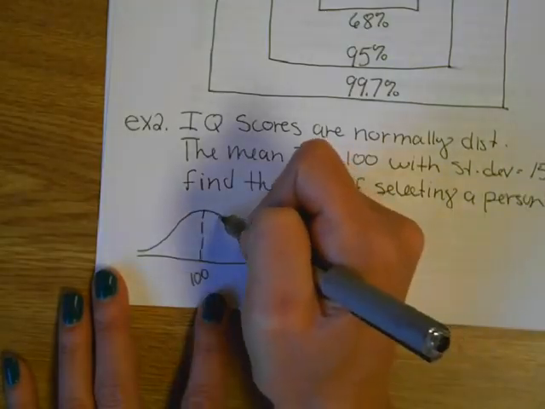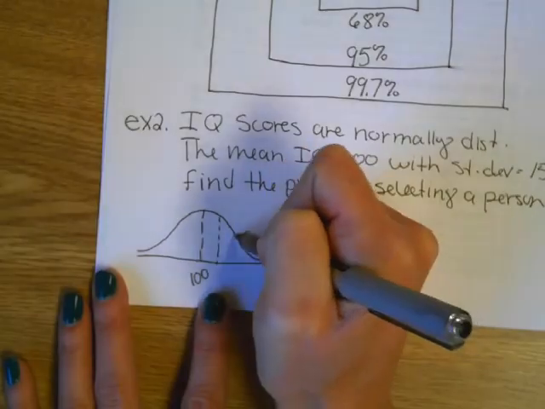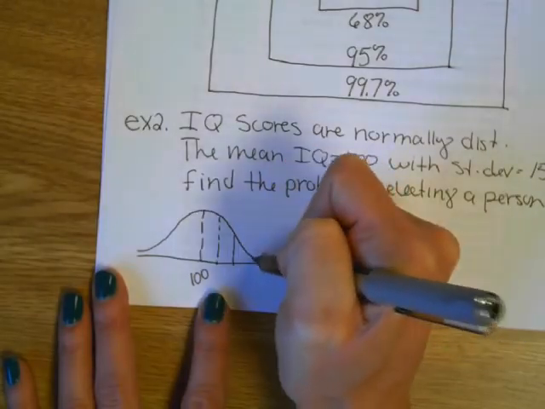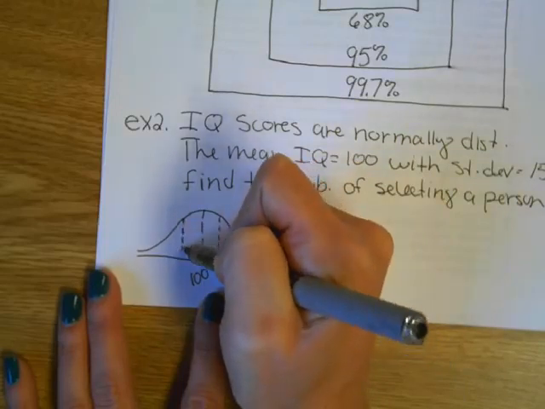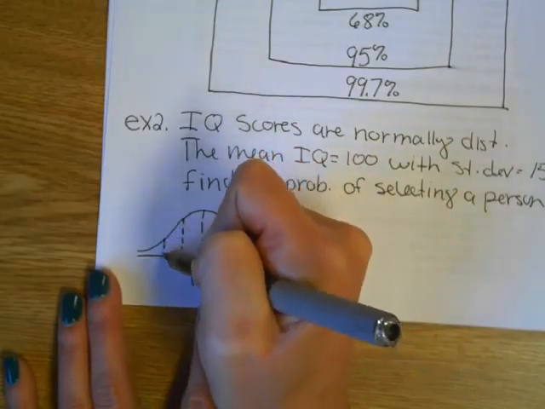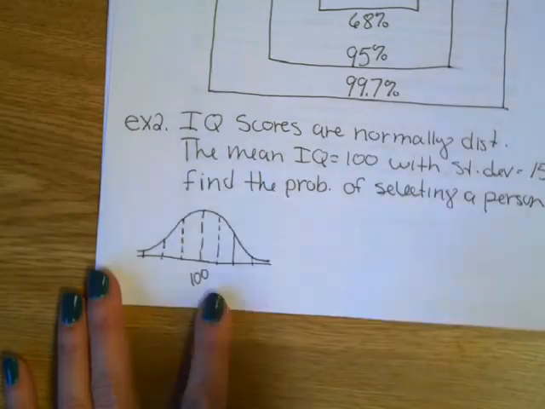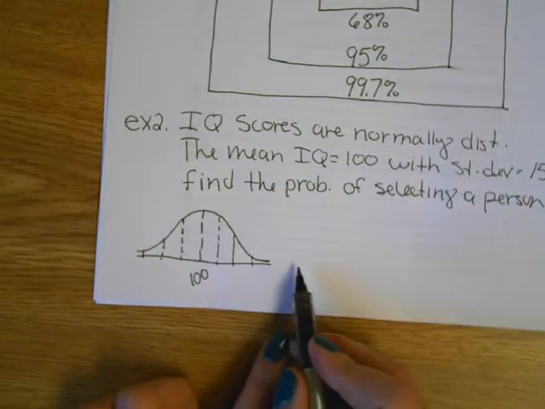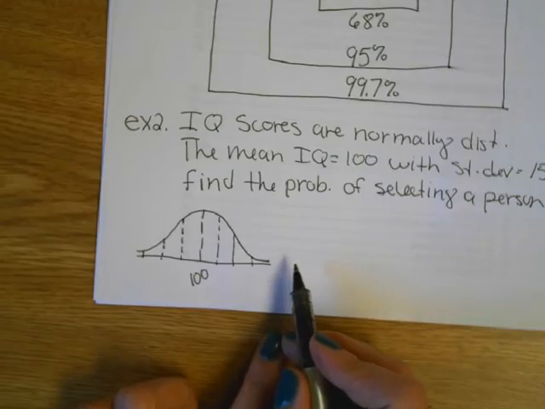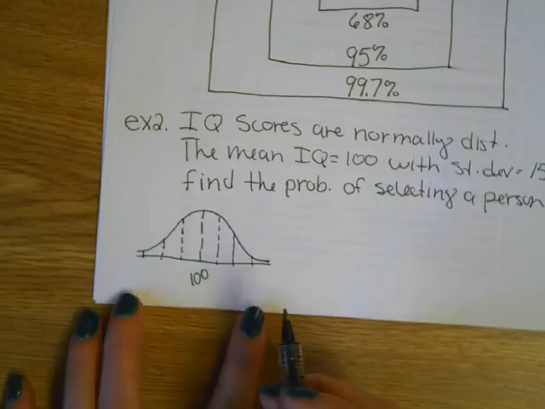That means when I go 3 standard deviations above and 3 standard deviations below, 99.7% of our population is going to fall in between those two values. So we've got those really genius people up here in the tail pieces. They do exist.